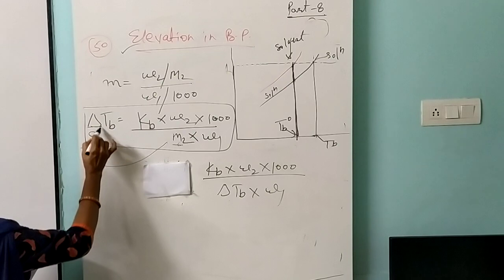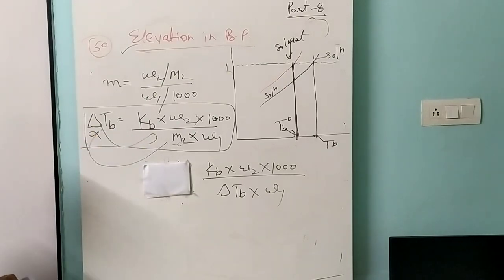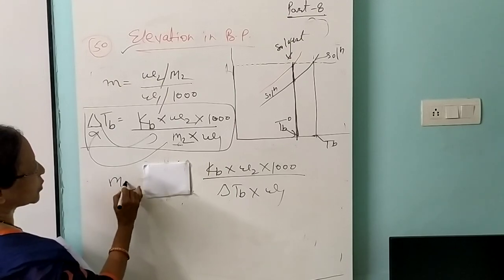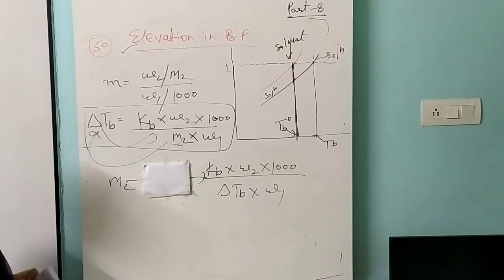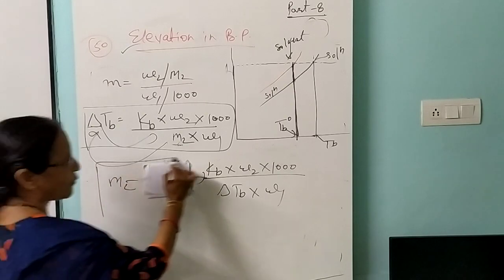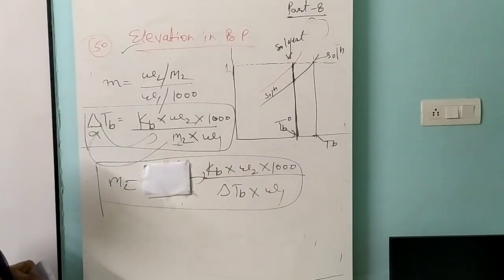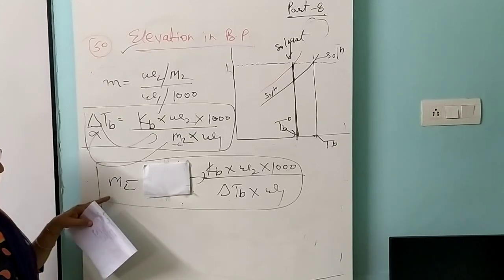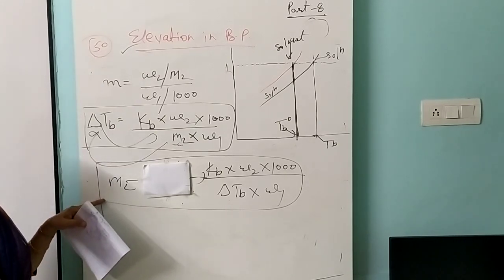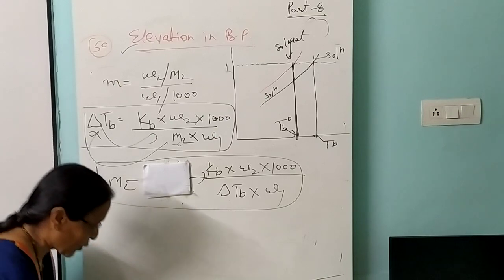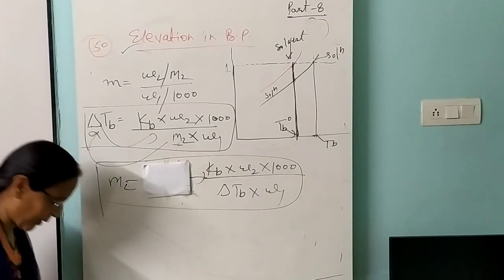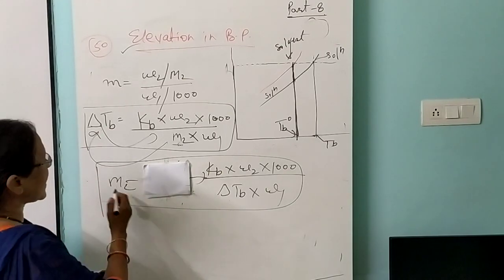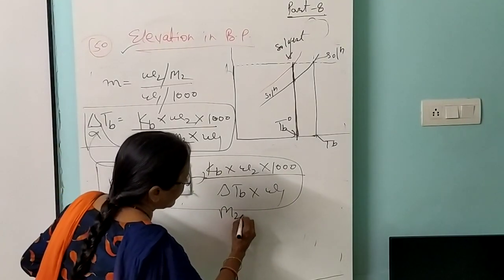With the help of this formula, we can easily calculate M2, and M2 is the molar mass. M2 is the molar mass of the solute. Don't get confused here.